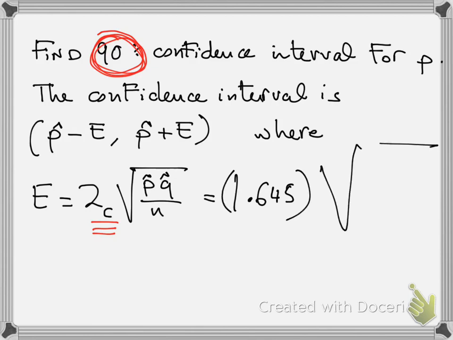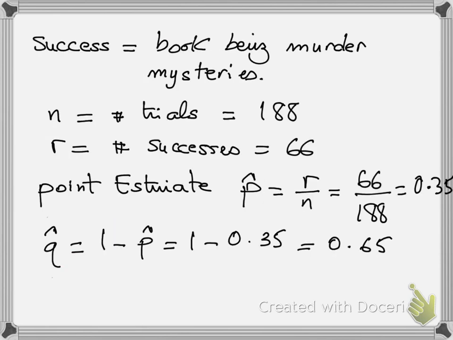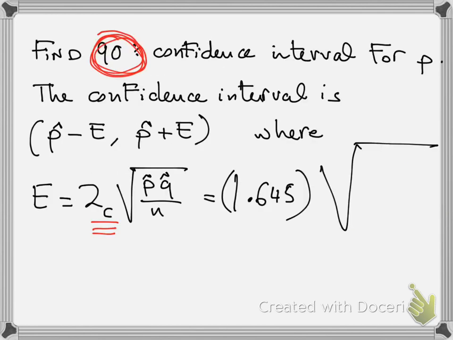So z sub c, that's 1.645 times the square root of p hat, the point estimate, which is 0.35, times q hat, 0.65, over n, the number of trials, 188 books.